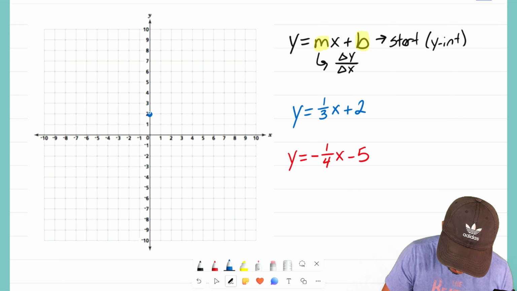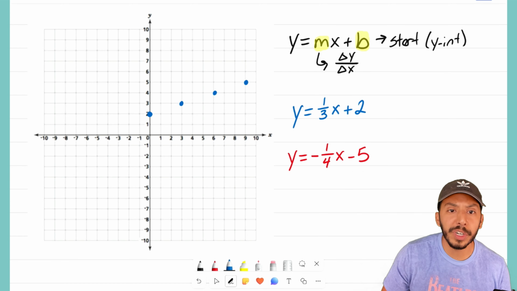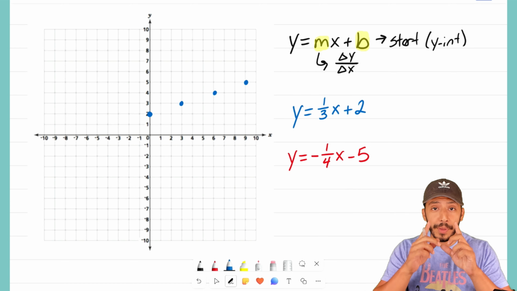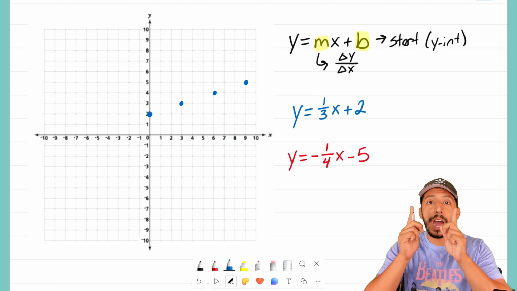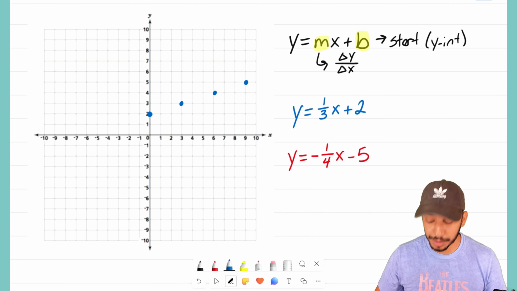Let's graph it. From 2, up 1, over 3, put a point. Up 1, over 3, put a point. We do that about 5 or 6 times, however many times you need to feel comfortable. But that slope is consistently up 1/3 from your starting point.